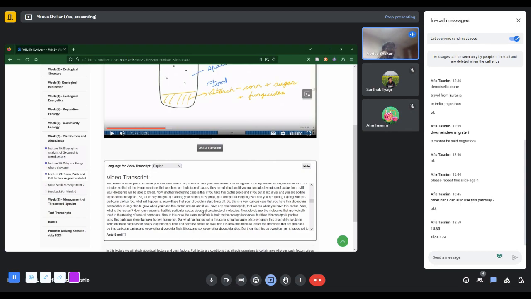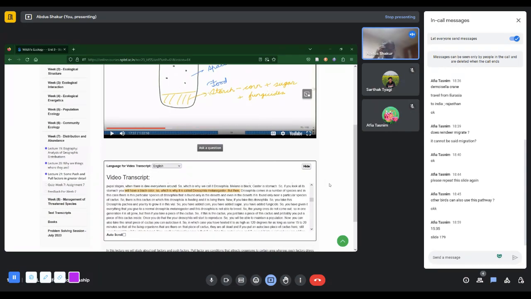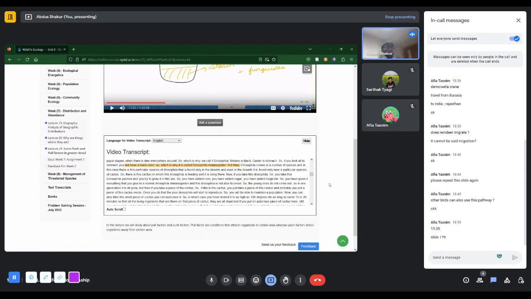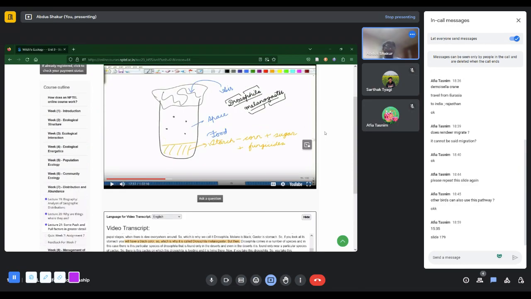There are two different types of Drosophila, right? One of those species, let's say, is Drosophila melanogaster. You can basically raise Drosophila melanogaster by adding starch and cornstarch plus sugar in a vial. And if you add fungicides, the fungus might not be able to grow, but the Drosophila will grow.